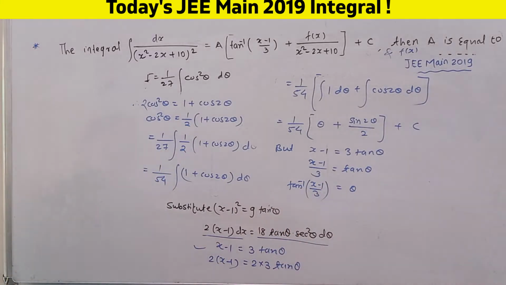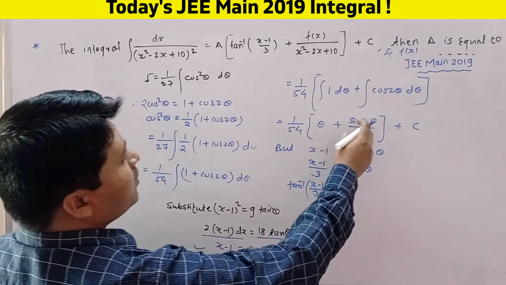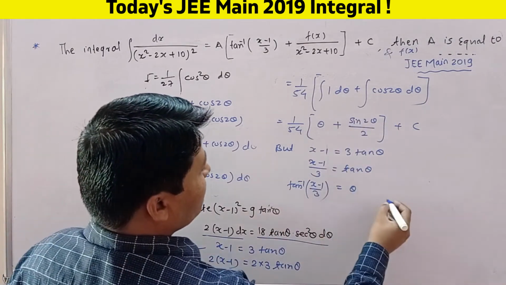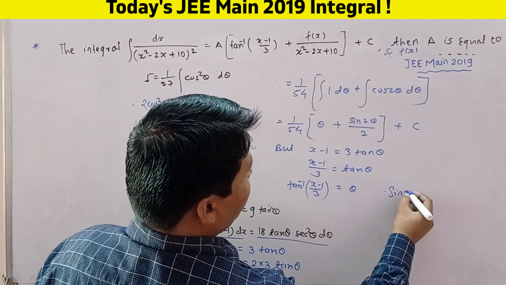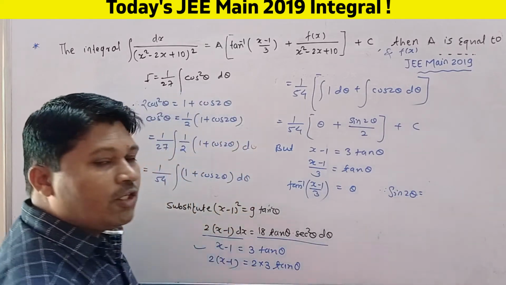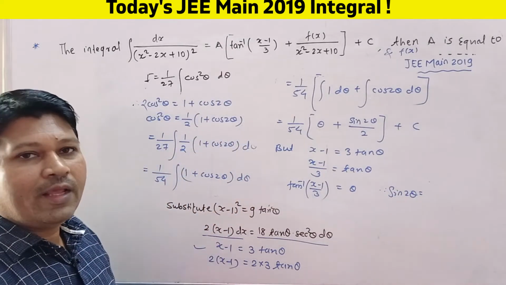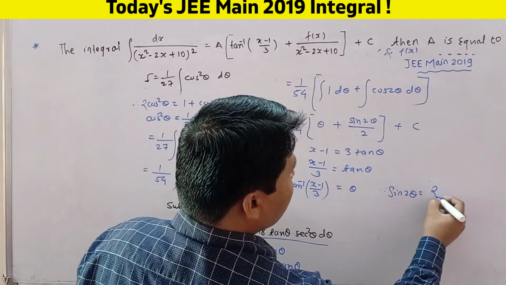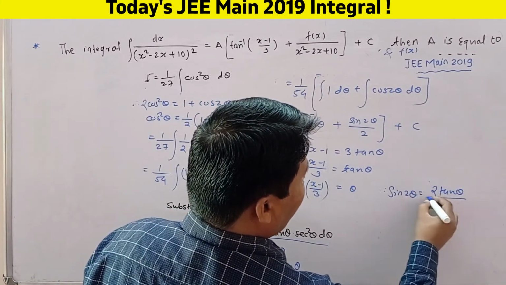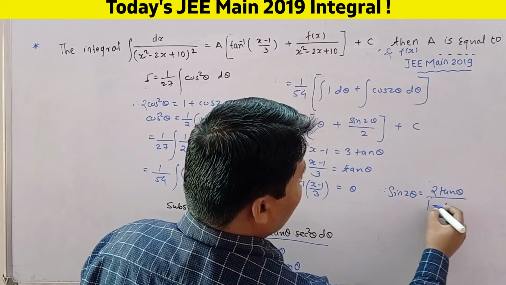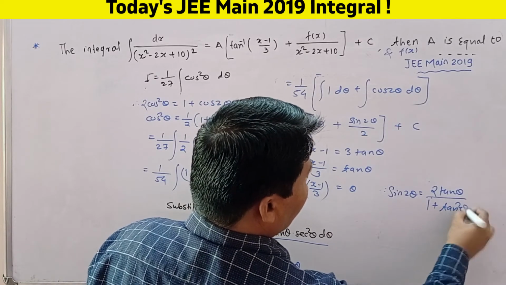And now what is the exact value of sin 2 theta? We know the related formula for tan: sin 2 theta is equal to 2 times tan theta divided by 1 plus tan square theta.